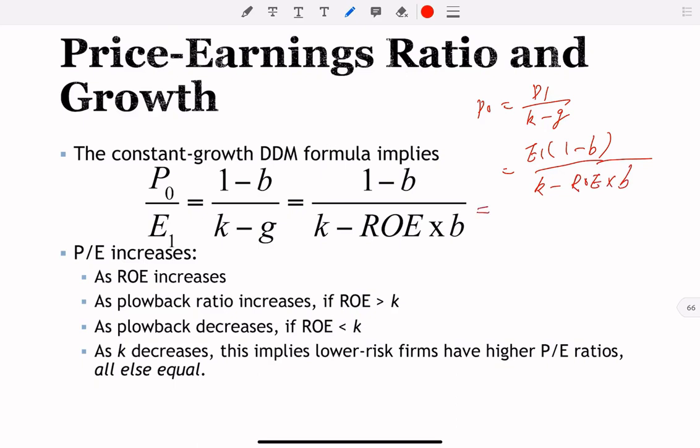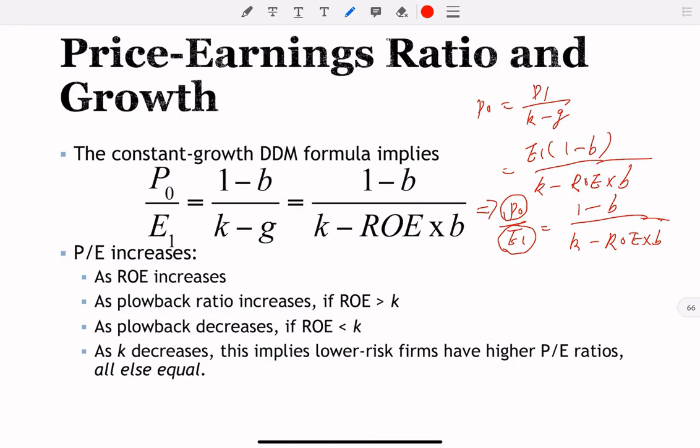And this implies PE ratio is 1 minus B divided by K minus ROE times B. One important thing to notice here is that when you're calculating PE ratio, you're using P0 divided by E1, right? So you're using today's stock price, and then you divide today's stock price by tomorrow's earnings. This gives you the PE ratio.